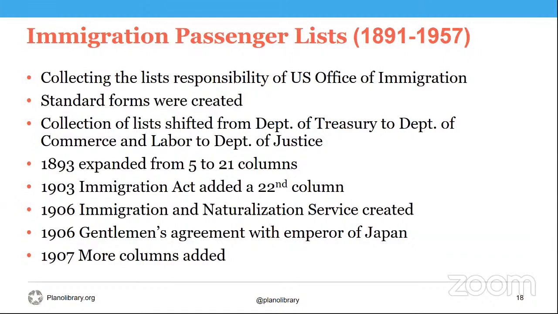So in the beginning, it was just their name, their age, where they were going, where they came from. And now there was all kinds of information that they wanted to know about them. And the columns just changed and changed. And that again is more research and information for you to research. And we have books and information on finding that.